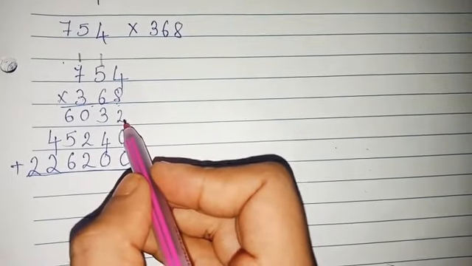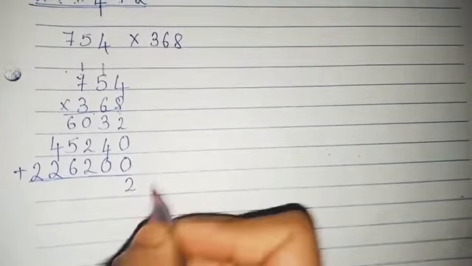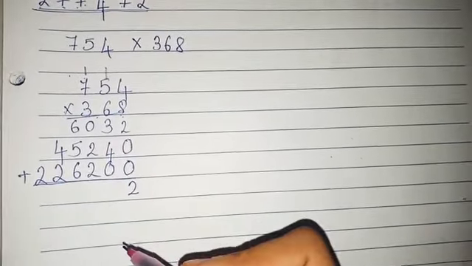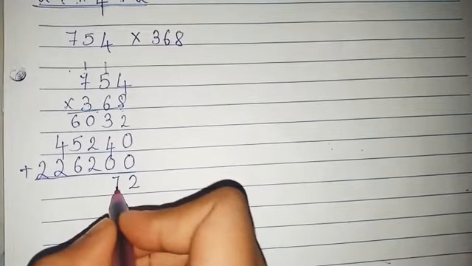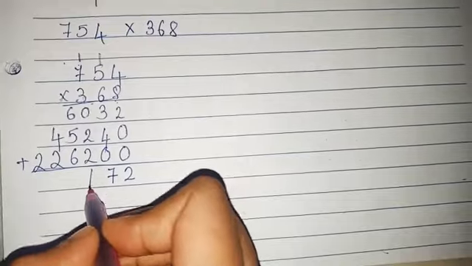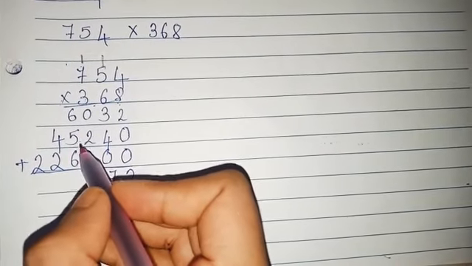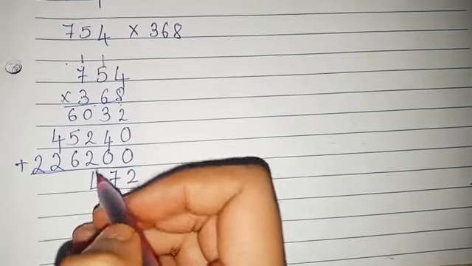Okay. Now 2 plus 0, 0 will be 2 only. 3 plus 4 is 7 and 2 plus 2 is 4. 6 plus 5 is 11. 11 plus 6 is 17.